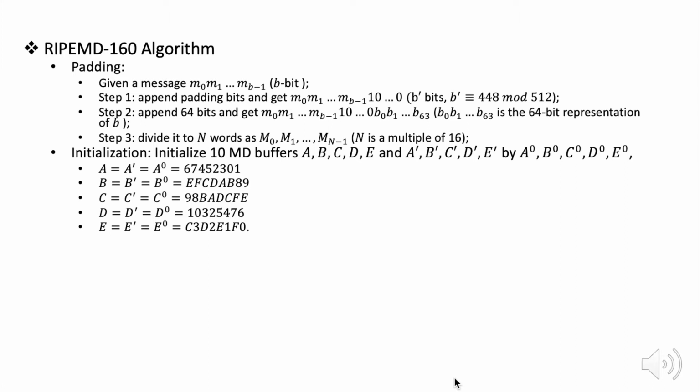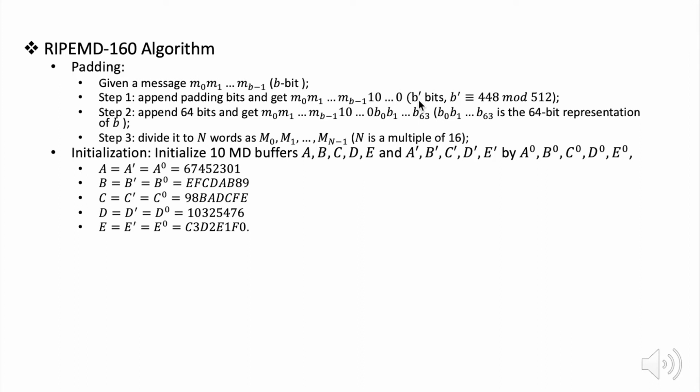First, we're gonna do some padding. Suppose that the message has B bits and is denoted as M0, M1 until MB-1. First, we're gonna add the bit 1 and several 0s after the original message so that the length will become B prime.